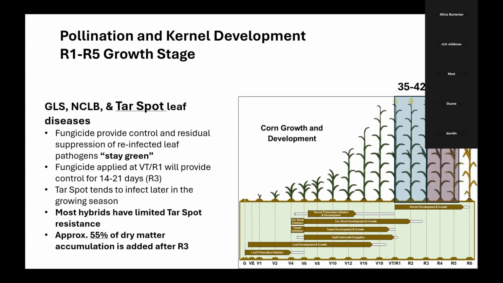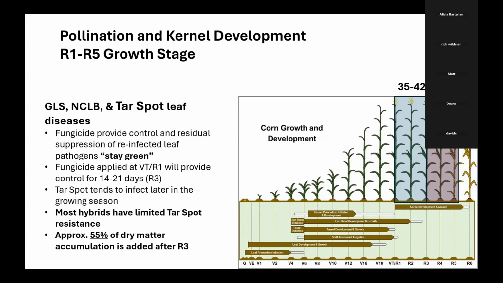But my goal here is for you guys to think about what you're protecting and what you're not protecting. Now, a good approach is what Jim was talking about, if we can delay that application to like R2, we've got a pretty good chance of making one application and covering ourselves on tar spot and being done.